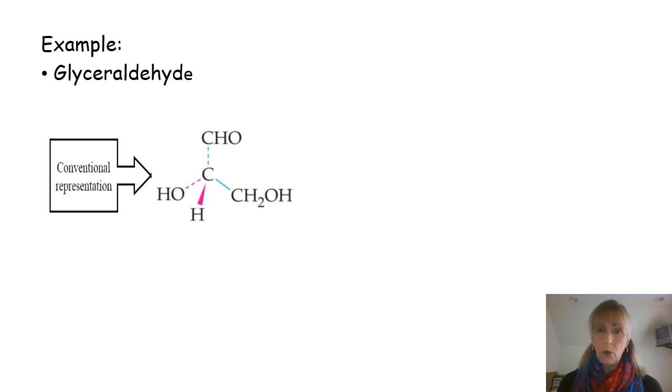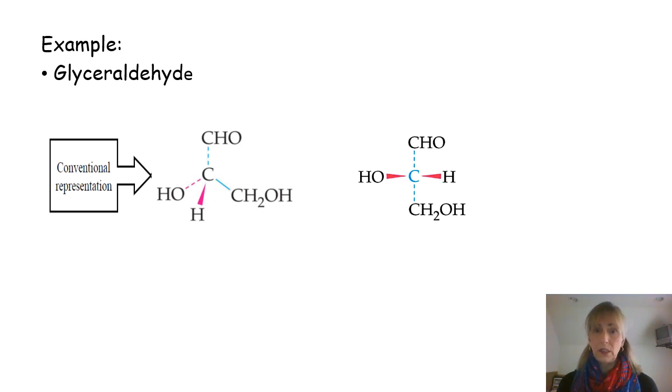We're going to do exactly what we did with the fake molecule on the previous slide. We're going to flatten this out into a Fischer projection. The aldehyde's going to be near the top, or the ketone, as we said. So there it is.